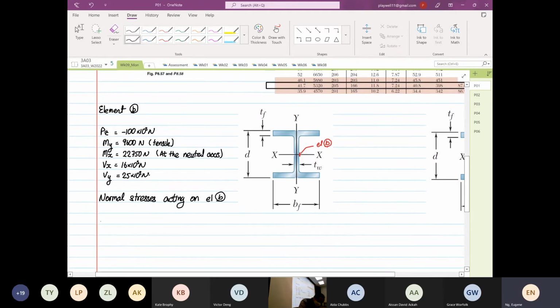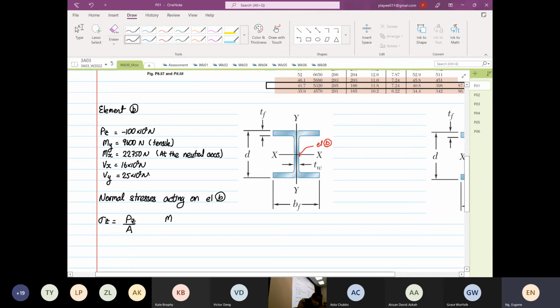So I'm going to write up the formula. We're going to calculate stress in the z direction. So Pz over A. Now I don't know whether it is plus or minus yet until I refer to our equation.